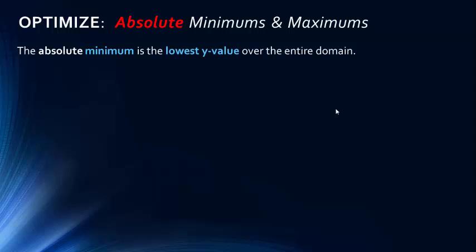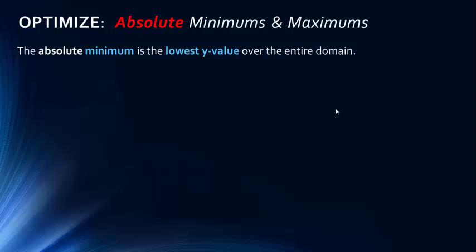Okay, so far we've been talking about relative or local minimums and maximums, and this is the idea that a graph can have multiple minimums and maximums because of its changing slope going up to down or down to up. The absolute minimum is the lowest y value over an entire domain.